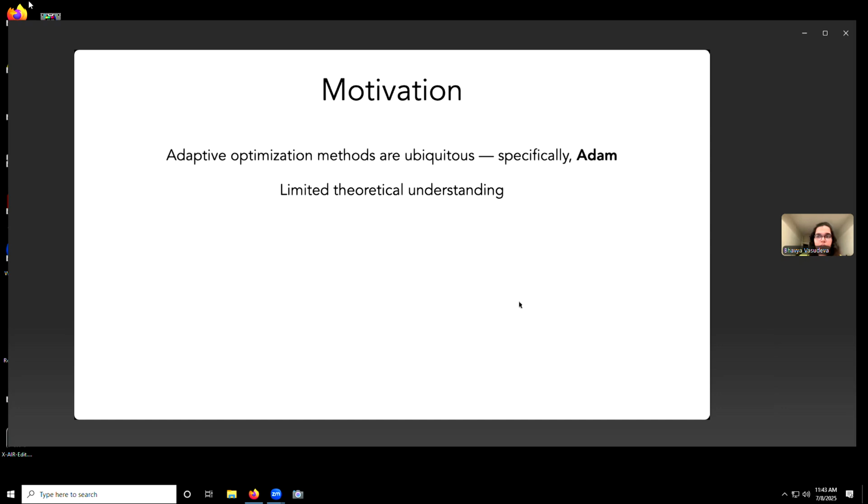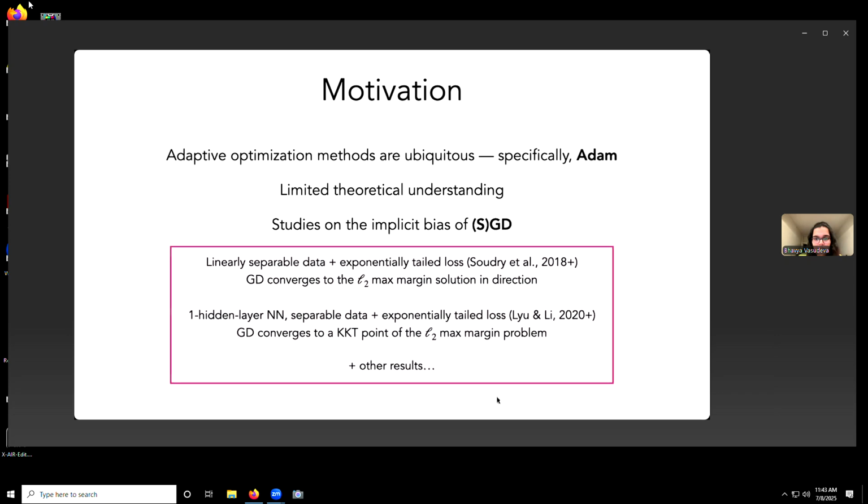So the motivation for this work is that adaptive optimization methods, especially Adam, are very widely used to train neural networks. But there's limited theoretical understanding as to how Adam works and why it's better than alternatives like SGD. For SGD, there is a lot of work studying the implicit bias.